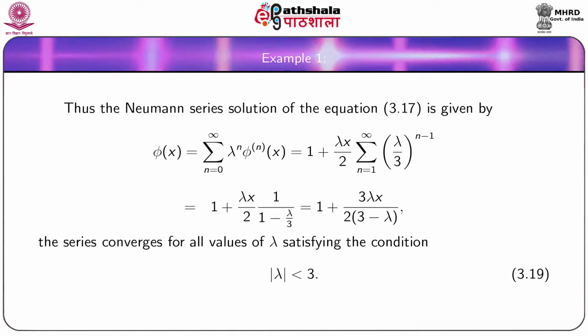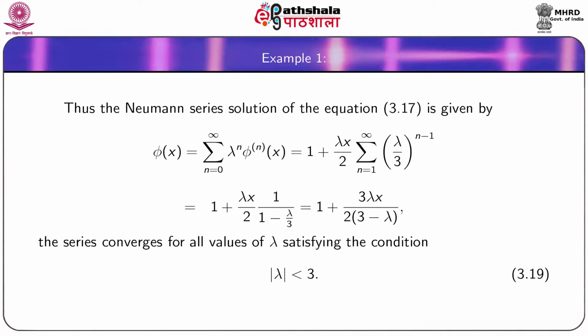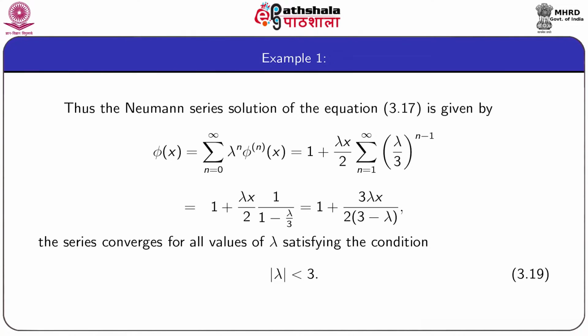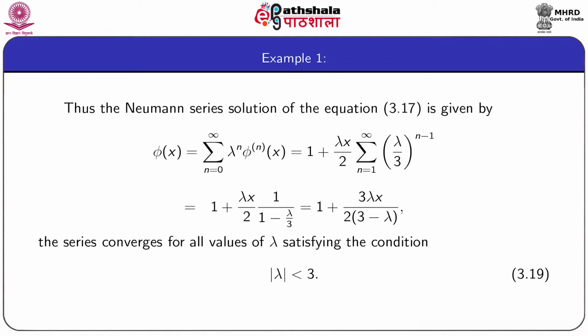Substituting the value of phi superscript n of x, we obtain phi of x in terms of a series given by phi of x equal to 1 plus lambda x by 2 times the summation n equal to 1 to infinity of (lambda by 3) whole to the power n minus 1.